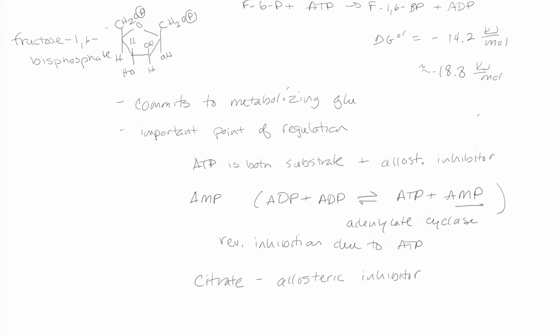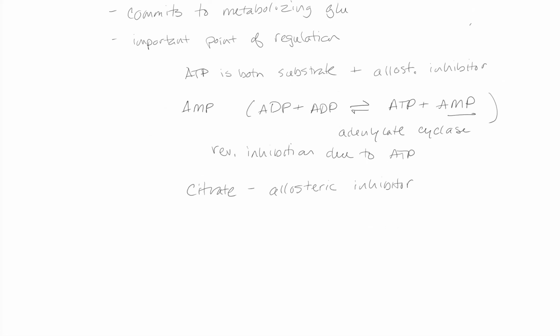I said last point, but I fibbed. Additionally, phosphofructokinase is regulated by beta-D-fructose 2,6-bisphosphate, which is a potent allosteric activator that increases the affinity of phosphofructokinase for the substrate fructose-6-phosphate. That's one more that we should account for here.